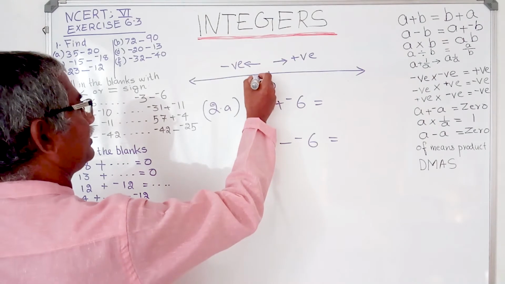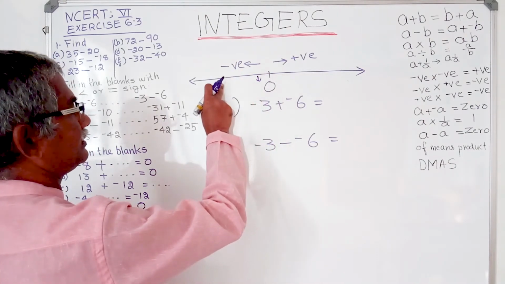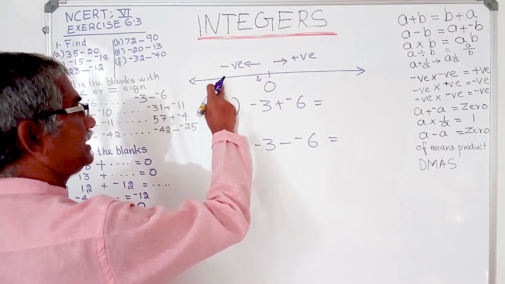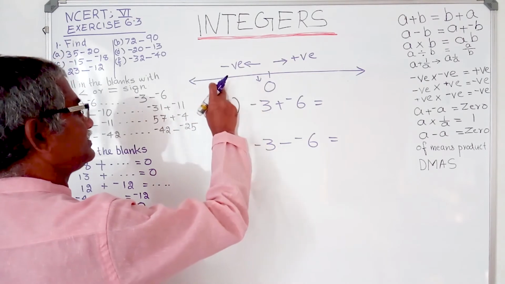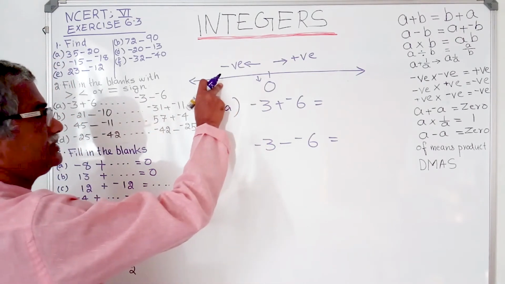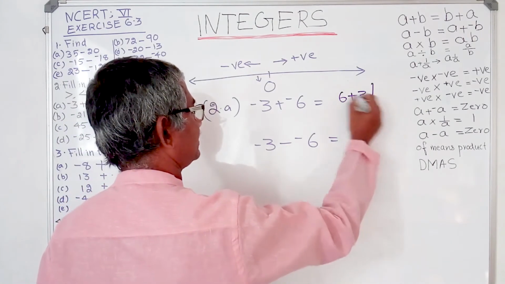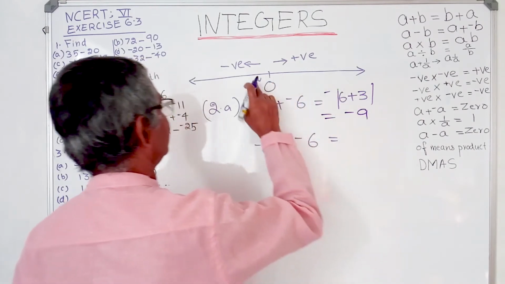Instead, on the number line, let here be negative 3. Again 6 units back, because both are less numbers. 3 less, again 6 less, altogether 9 less, which is going to negative 9. 6 plus 3, absolute value, negative, answer negative 9.